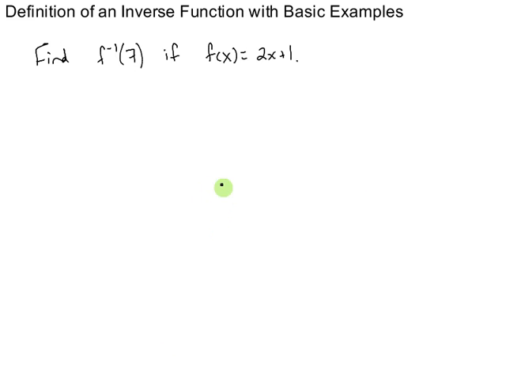Alright, so now we're going to look at something a little harder. The original function is given as an equation, some formula for it, and now we want to find f inverse of 7. Well, 7 is the input to f inverse, which means it is also the output of f.